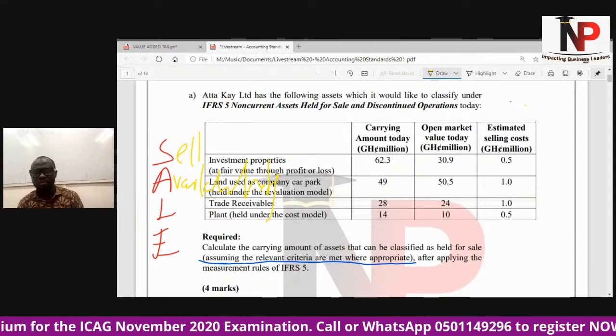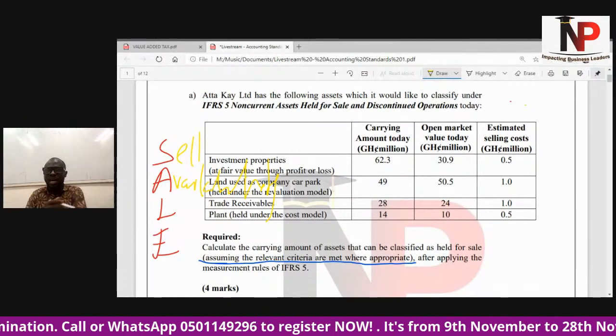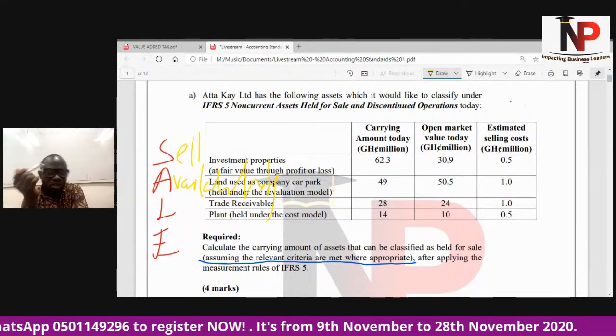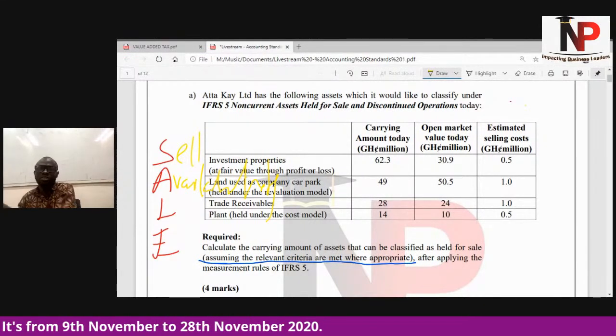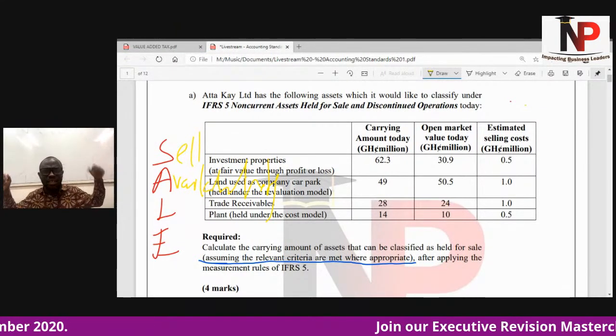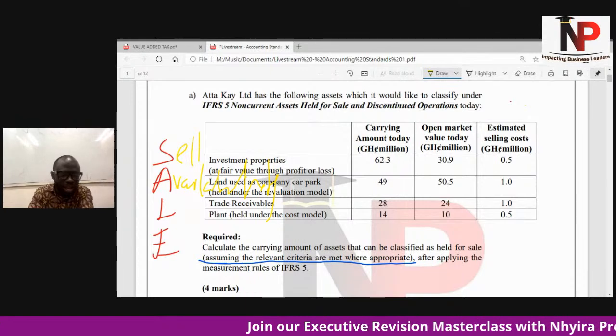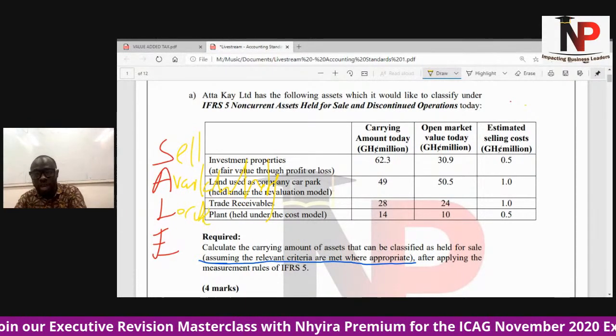But not only that, the fact that the asset is available for sale does not mean that we would actually want to sell it. Sometimes management has decided to sell the thing. They are no longer using it, so it is available for sale, but they are not advertising. They are not looking for buyers. So L here means we are locating a buyer or looking for a buyer.